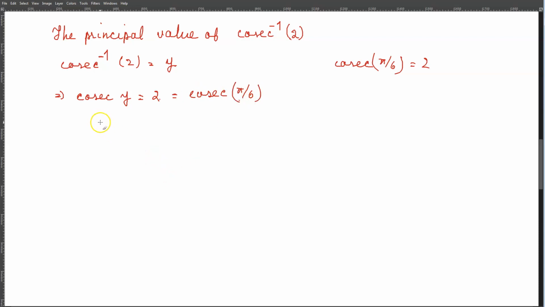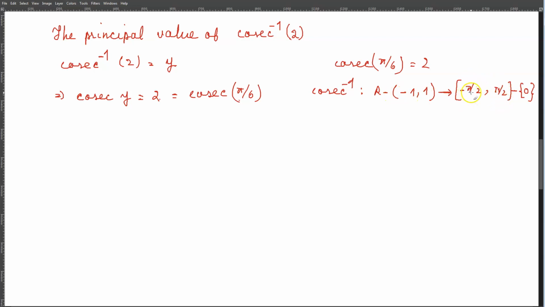Now, what that means is that the range of the cosecant inverse function, we said that the cosecant inverse function is a function that goes from R minus the open interval negative 1 comma 1, and the range is the closed interval negative pi by 2 to pi by 2, minus the set containing 0, right?